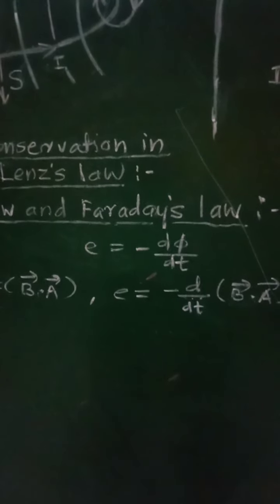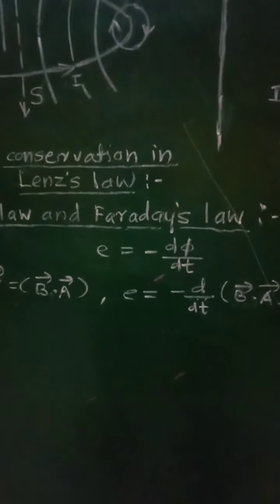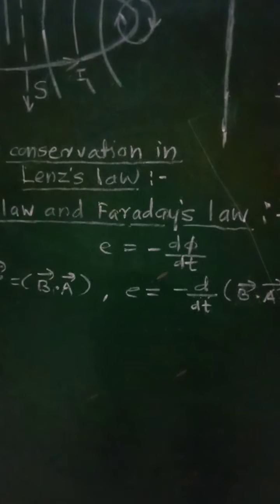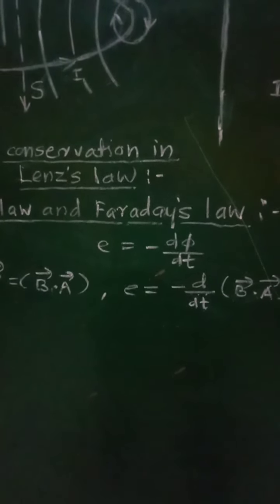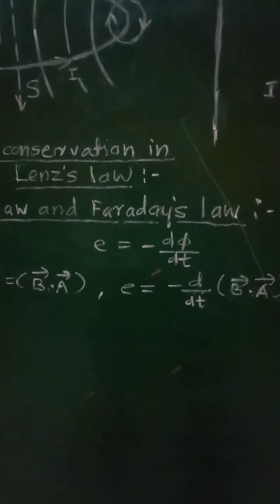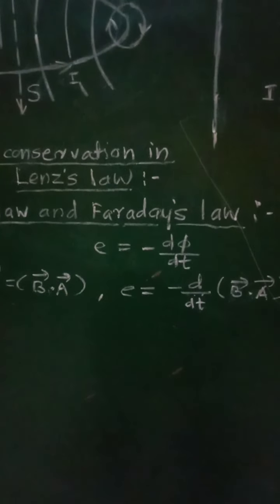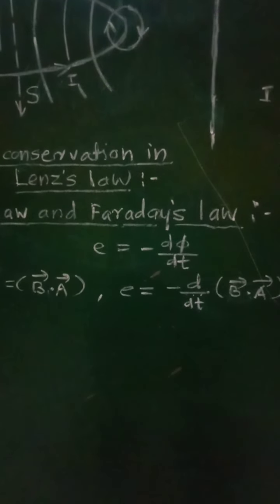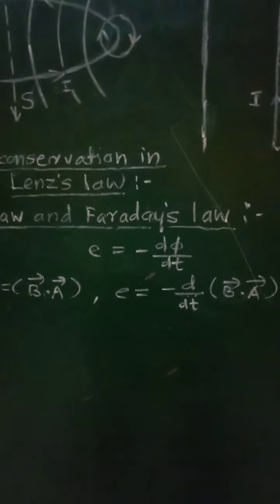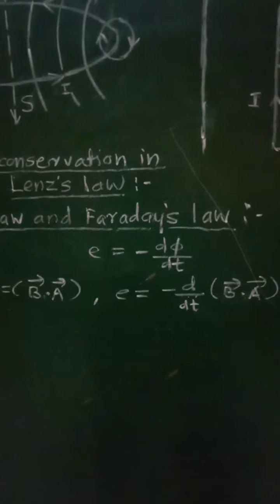Now let us consider the area vector A of the circular loop, perpendicular to the plane of the loop, which is fixed and oriented parallel, that is, angle theta equal to 0, to the magnetic field B.